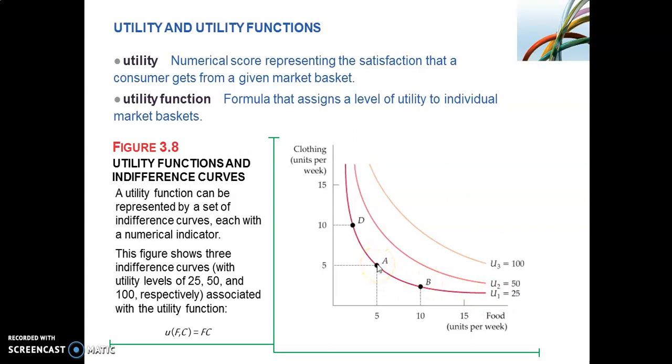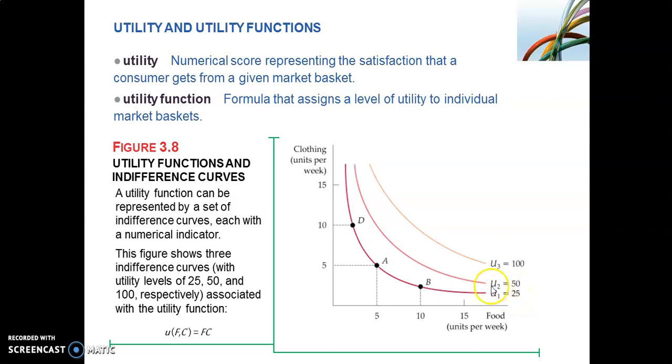At point A, we can see that food is 5 units per week and clothing is also 5 units per week. Thus, if we look at our right side, FC, which is this utility function, it's multiplicative. 5 multiplied by 5 would give us a utility of 25. So similarly, we can check the other points. At point B, we've got 10 units of food, and it is in fact 2.5 units of clothing, and 10 times 2.5 would also give you 25. It would also yield that value.